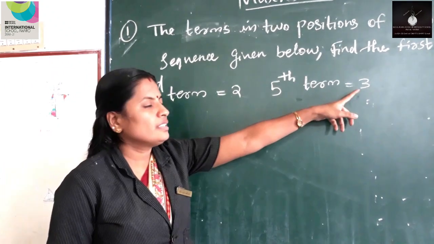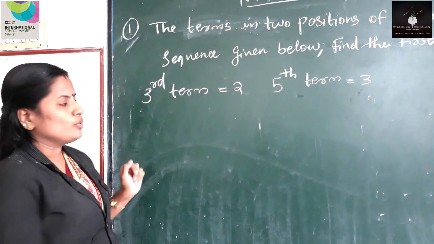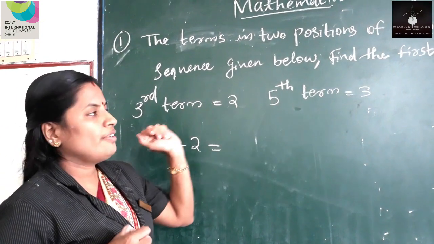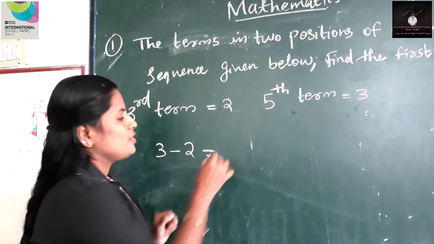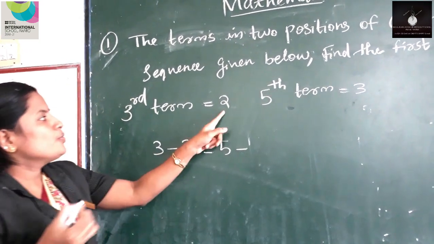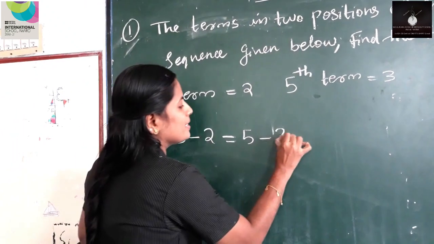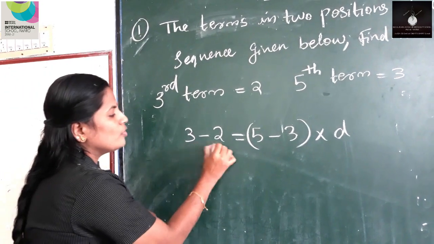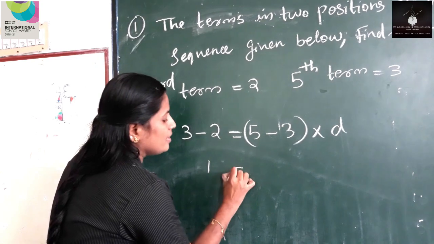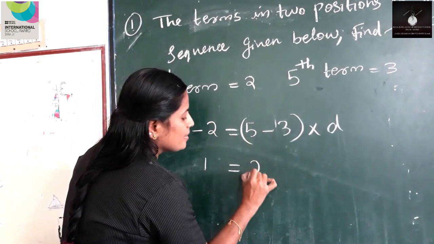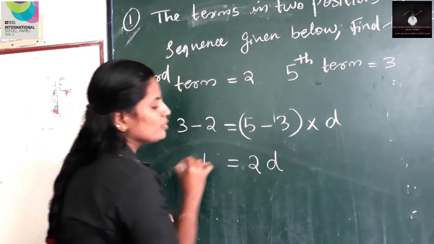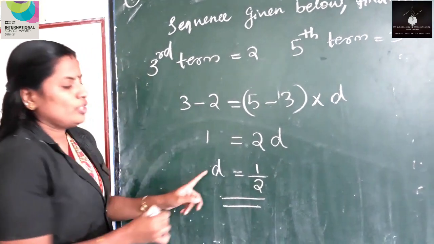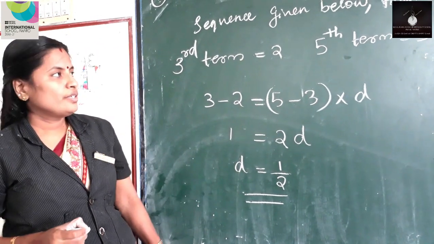Here the terms are 3 and 2. 3 minus 2 equal to their position difference. 3 is in the fifth position, 2 is in the third position. 5 minus 3 into common difference. So 3 minus 2 is 1 equal to 5 minus 3 is 2, 2 into D. So D equal to 1 by 2. So the common difference is 1 by 2.